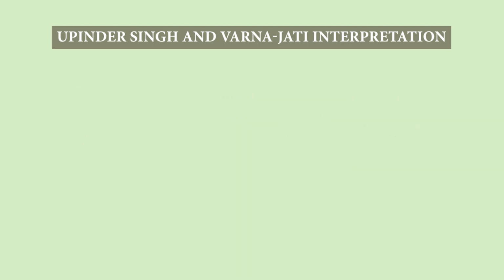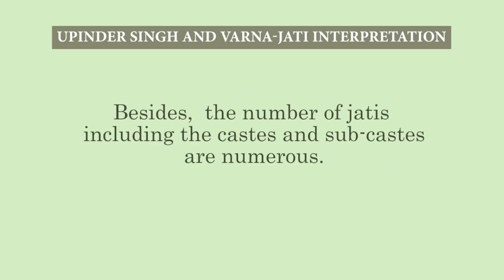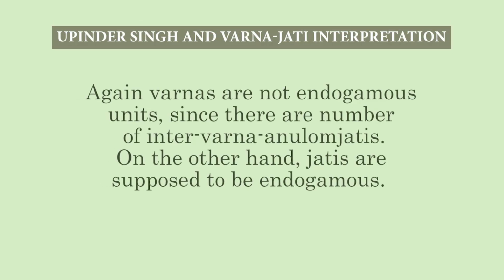Besides, the number of Jatis, including the castes and subcastes, is numerous, while the Varna has only 4 divisions. Again, Varnas are not endogamous units since there are a number of inter-Varna Anuloma Jatis. On the other hand, Jatis are supposed to be endogamous.